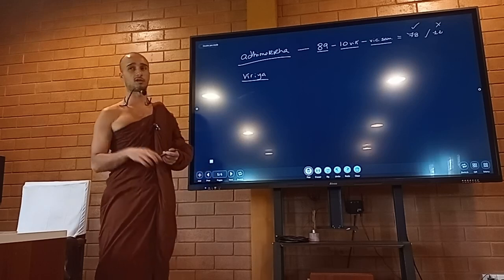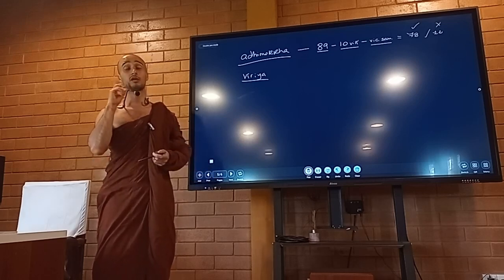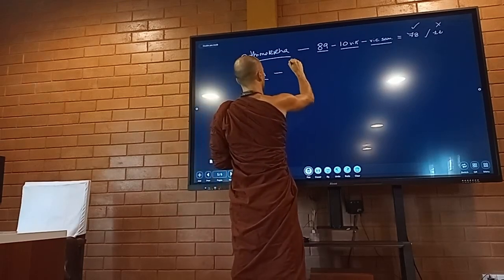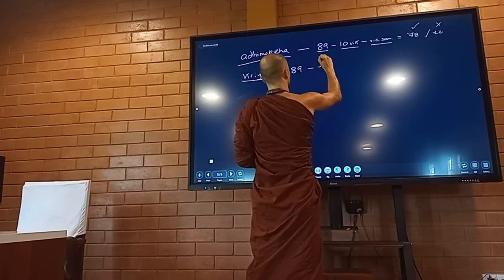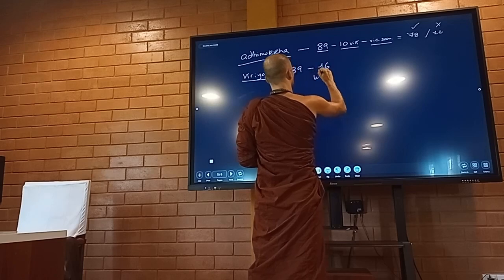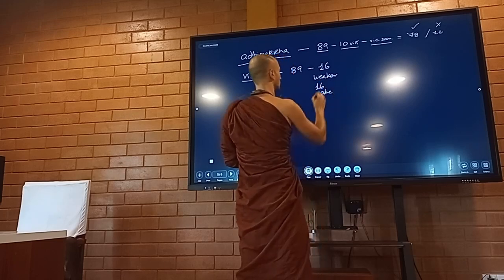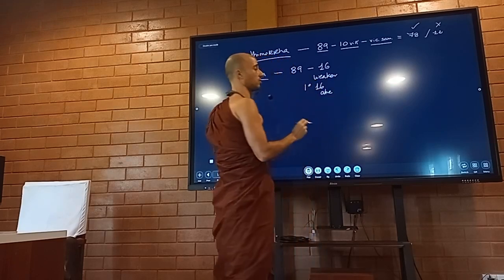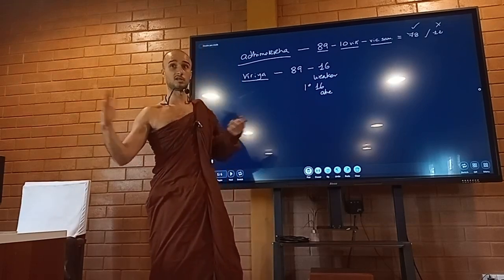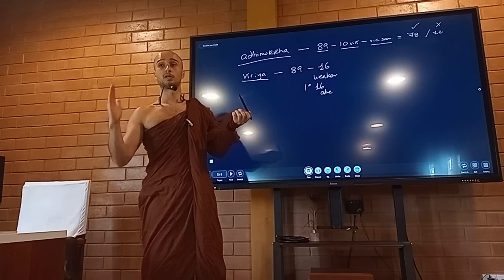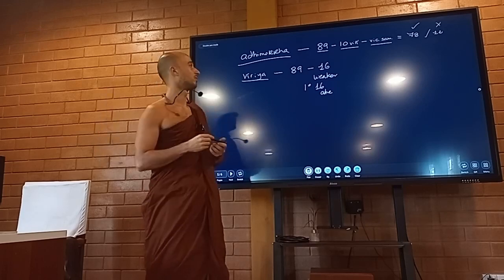So virya doesn't arise in the weaker cittas. We can say 89 minus the 16 weaker cittas, which are the first 16 ahetukas, the first 16 in a row, from Cakkhuvinnana until Pancadvaravajjana.